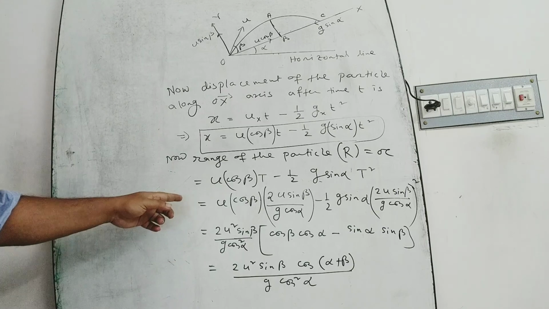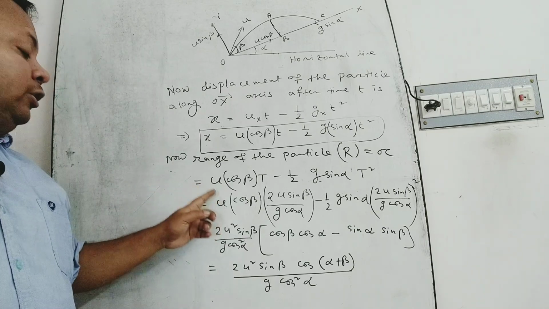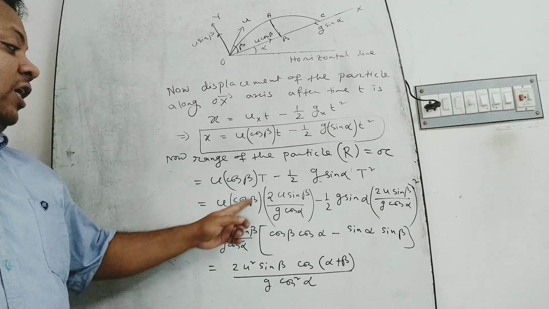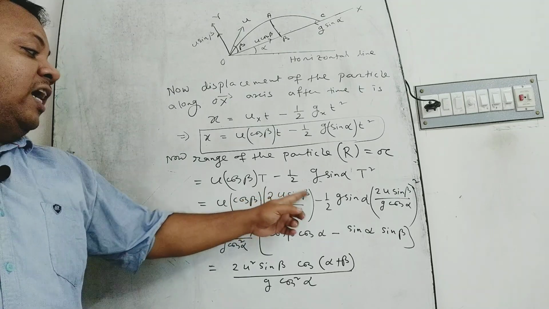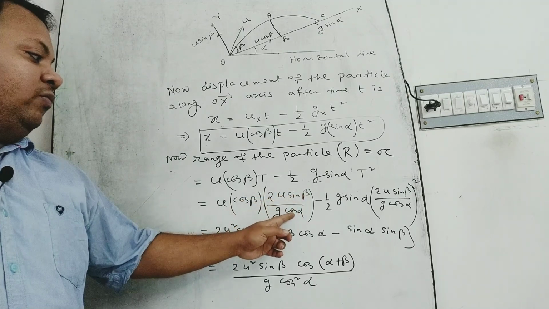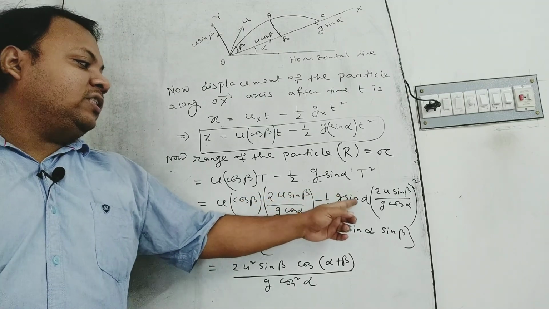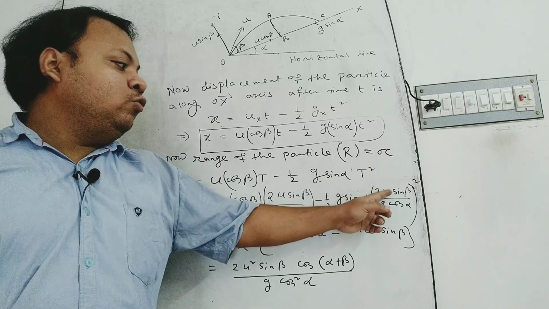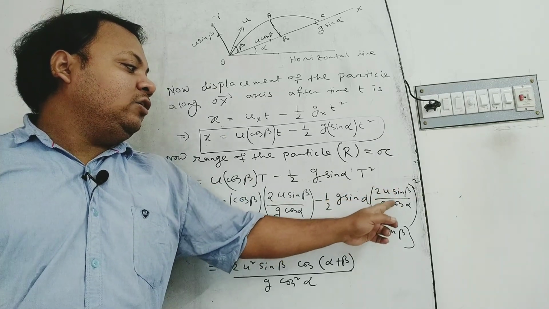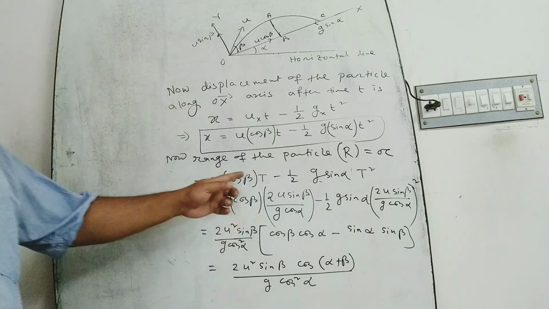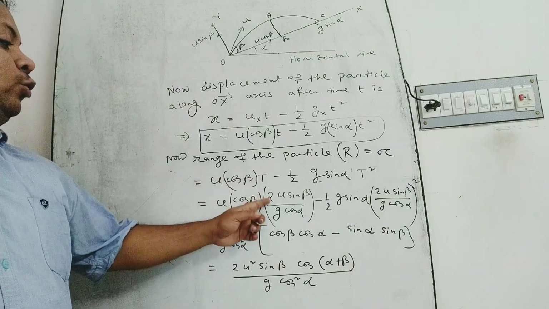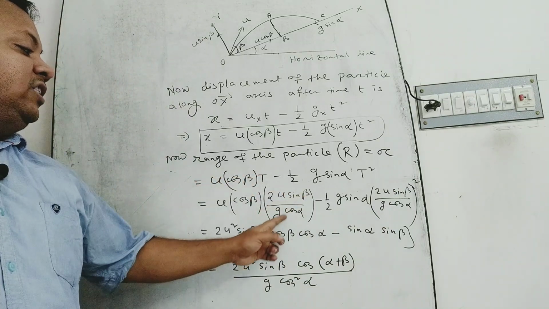This gives u cos beta into 2u sin beta by g cos alpha minus half g sin alpha into 2u sin beta by g cos alpha. Here the value of capital T is 2u sin beta by g cos alpha.